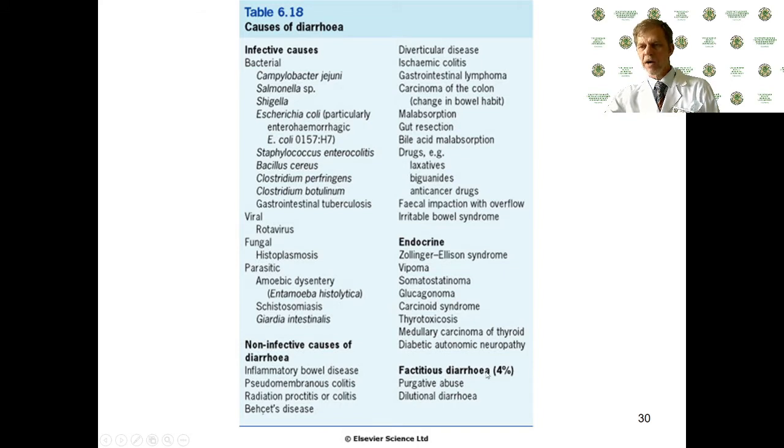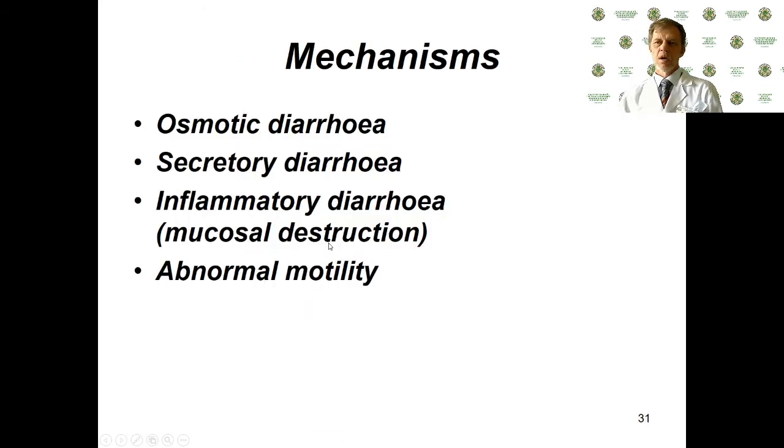It may be functional diarrhea due to other reasons. So there are different types of diarrhea due to different mechanisms. We have osmotic diarrhea, secretory diarrhea, inflammatory diarrhea, and abnormal motility.